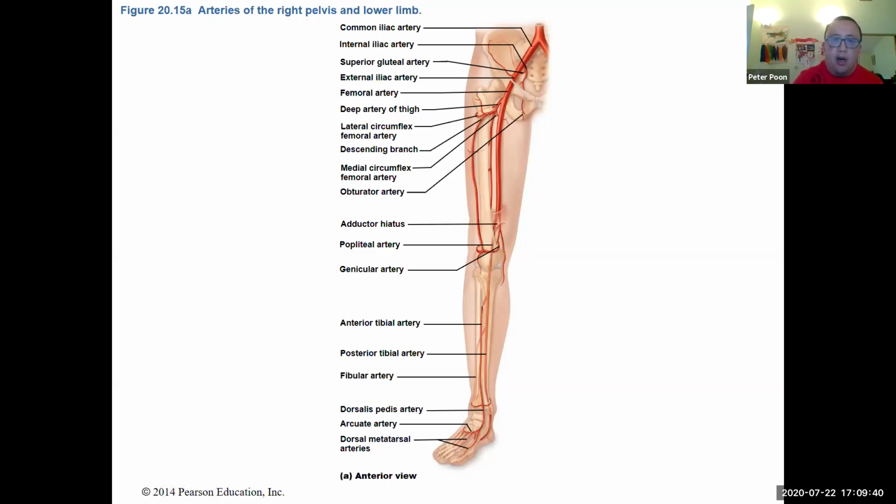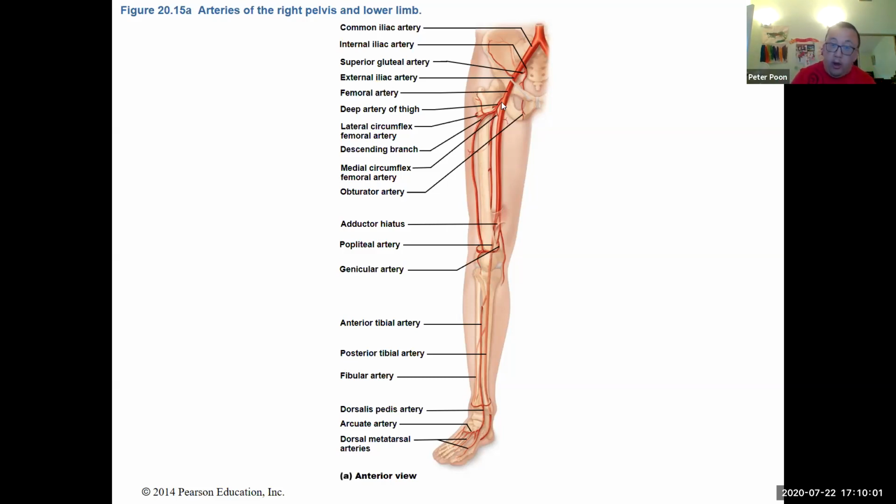Okay. So here we have this big artery here, the femoral. The femoral then goes down. It goes deep. It starts off really superficial.